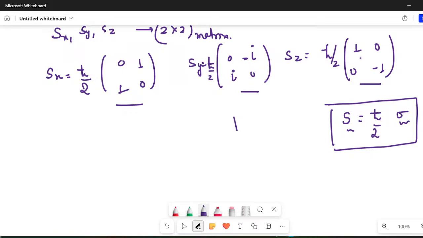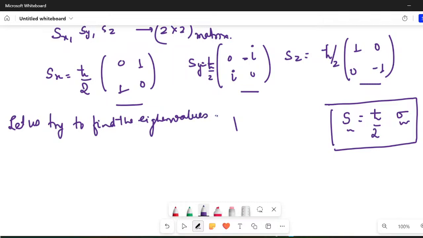These Pauli matrices are Hermitian matrices, which you can verify on your own, and I have verified it quite many times. Now let us try to find the eigenvalues.